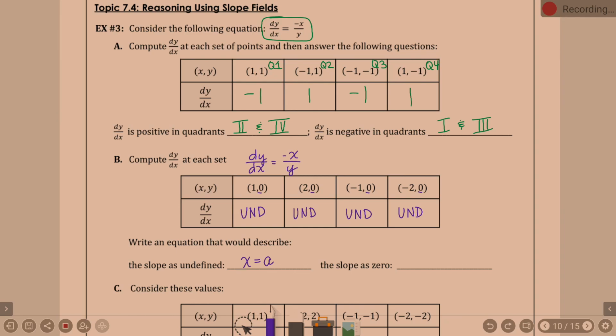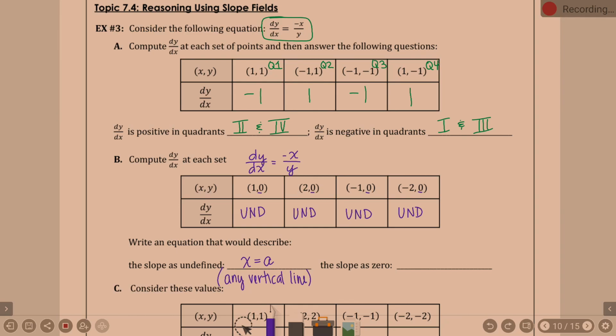Now, I have written in my notes any vertical line. That's something you guys have been learning since Algebra 1, right? Vertical lines, undefined slopes. What about the slope of 0? y equals a. Yep.